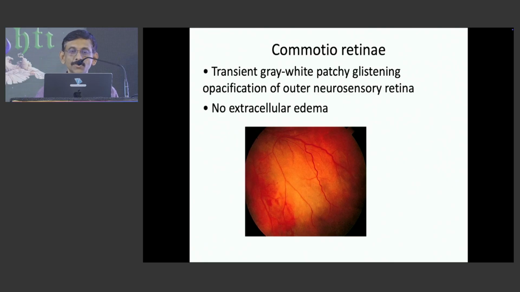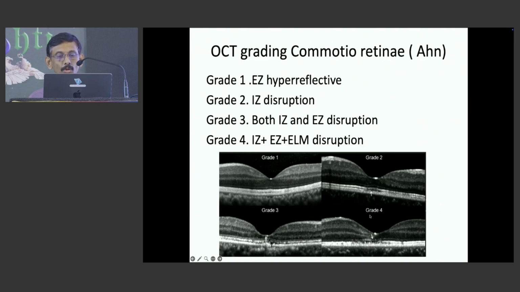Commotio retinae is the most common finding seen in blunt trauma, as grayish-white glistening opacification of the outer neurosensory retina. OCT is a good tool to determine how much damage is there. In grade 1 injury, you just see some hyperreflectivity of the ellipsoid zone.